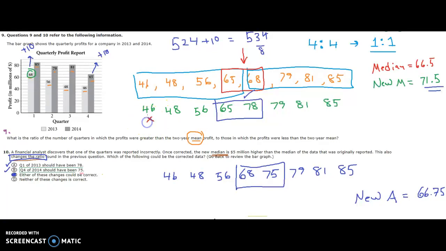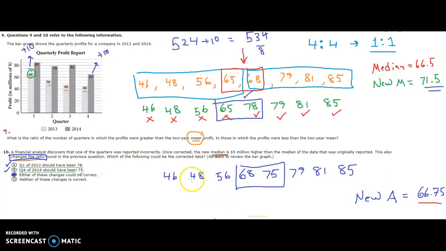So that's below 66.75, so is that, and so is that. This one is above, above, above, above. So in this situation, half of the data points are below the new average, 66.75, and half of them are above. But that means it's the same ratio. So that's out. It says the ratio needs to change.